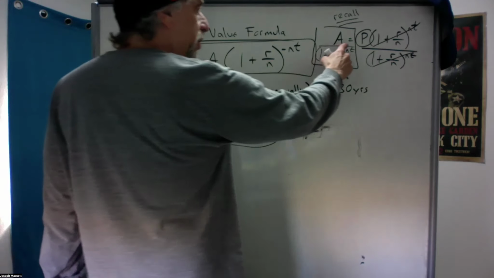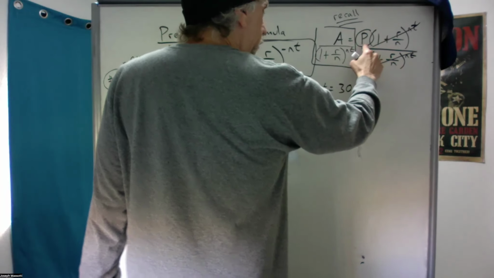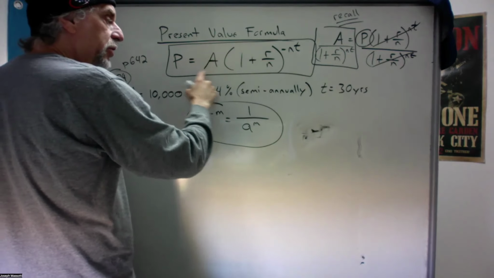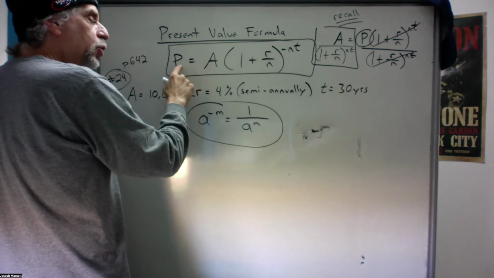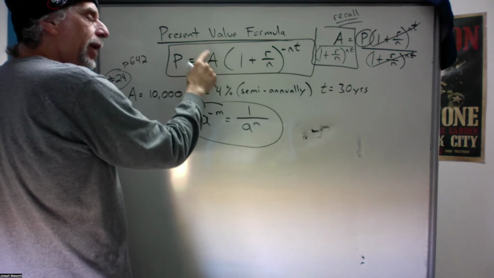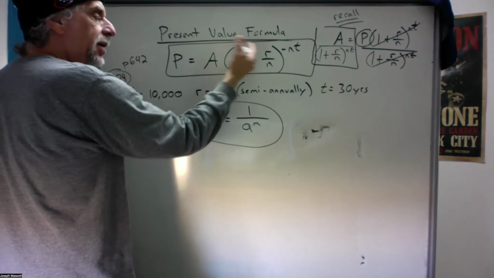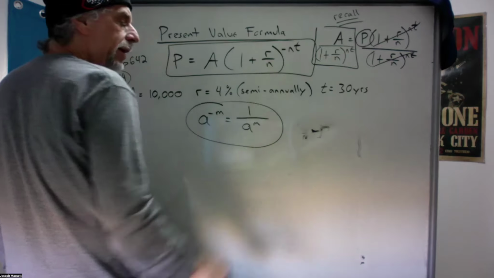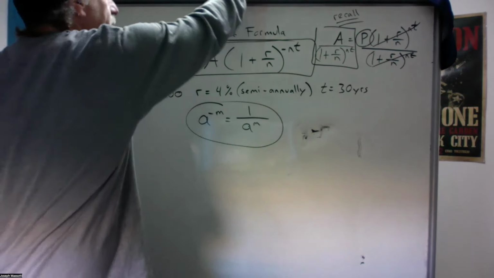So all we did was start with the original formula and solve for P to get this formula. So this is the formula we're using to find how much we need to invest to end up with a final amount. Notice the negative exponent there is the only real difference.